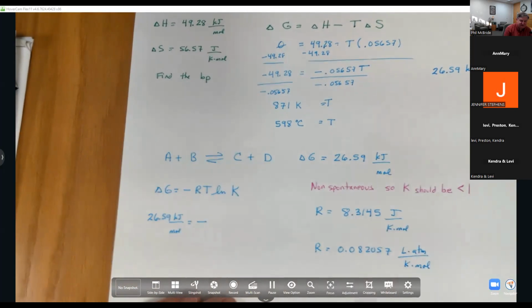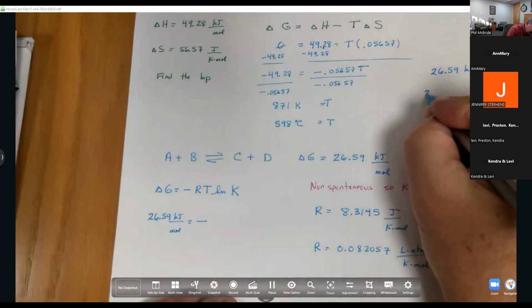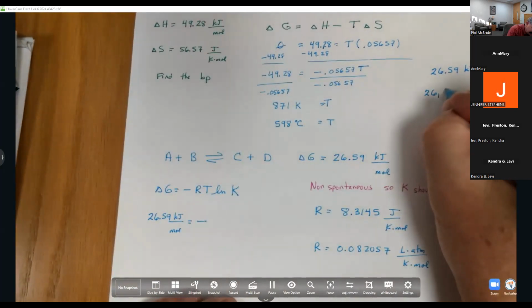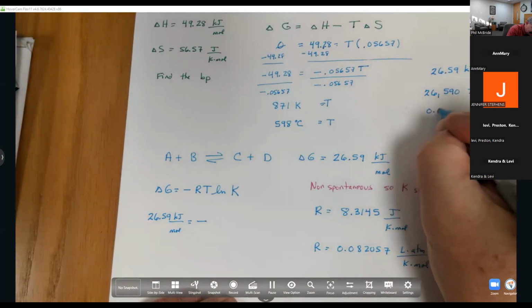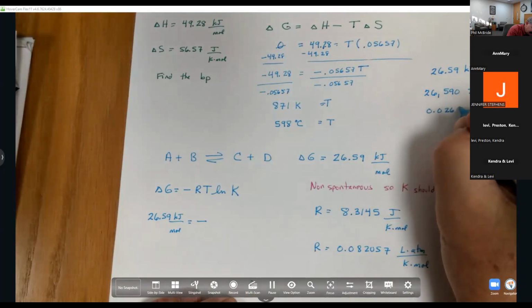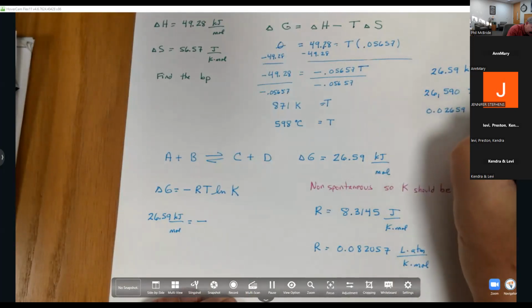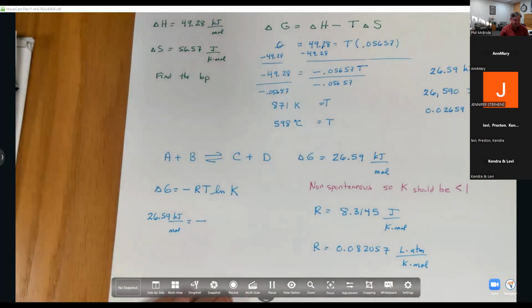So 26.59 kilojoules, is that equal to 26,590 joules? Or is it equal to 0.02659 joules?